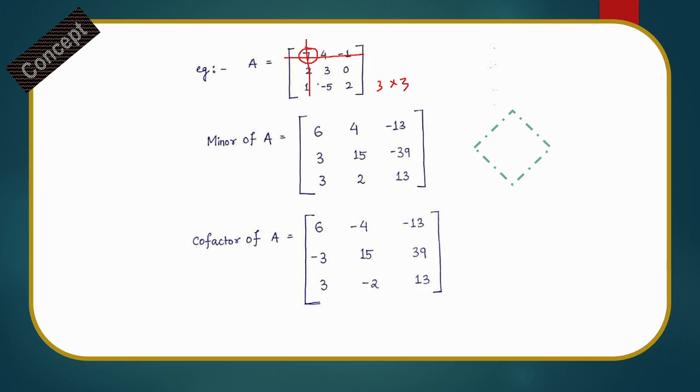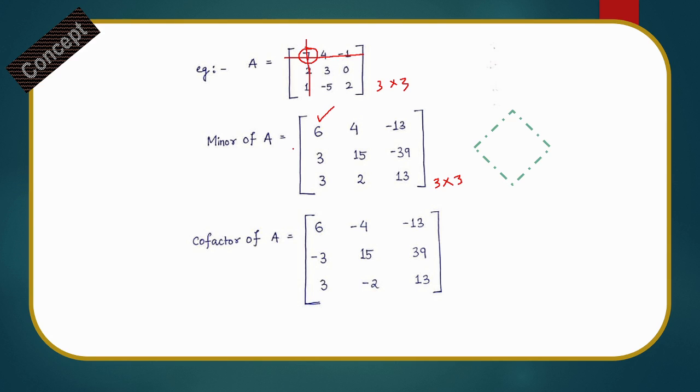If we calculate the determinant value of this, it will come as 6. So we write 6 for 7. Similarly, we calculate the minor of 4, minor of minus 1. We can calculate the minor of all elements. Then you can arrange them in a matrix form. Then we will get this 3 cross 3 matrix, which is the minor matrix of A.